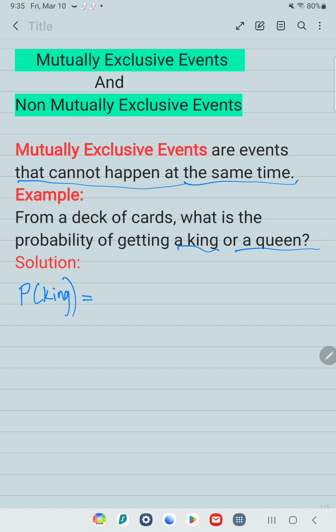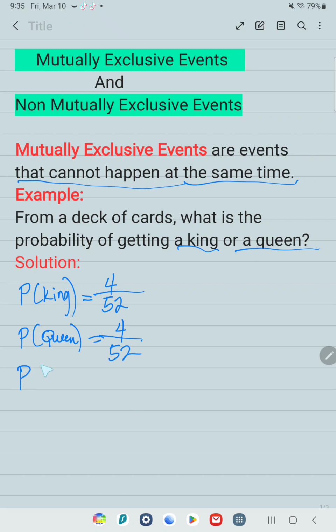How many kings are in a deck of cards? There are 4 kings, over 52 because there are 52 cards. This is the sample space, the 52. And the probability of getting a queen, there are also 4 queens out of 52.